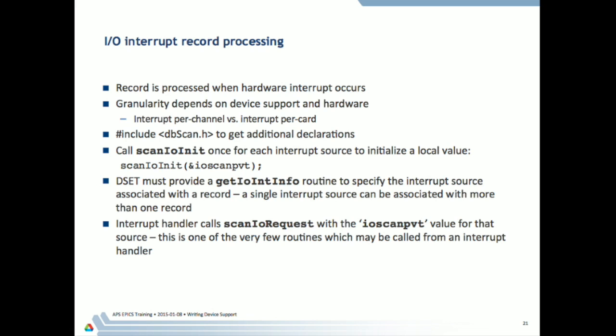So that's basically how we connect specific interrupts from hardware out to particular records. The device support entry table must provide that get_ioint_info routine, and the interrupt handler calls scanIoRequest whenever the interrupt happens, and that then will result in the record being processed.